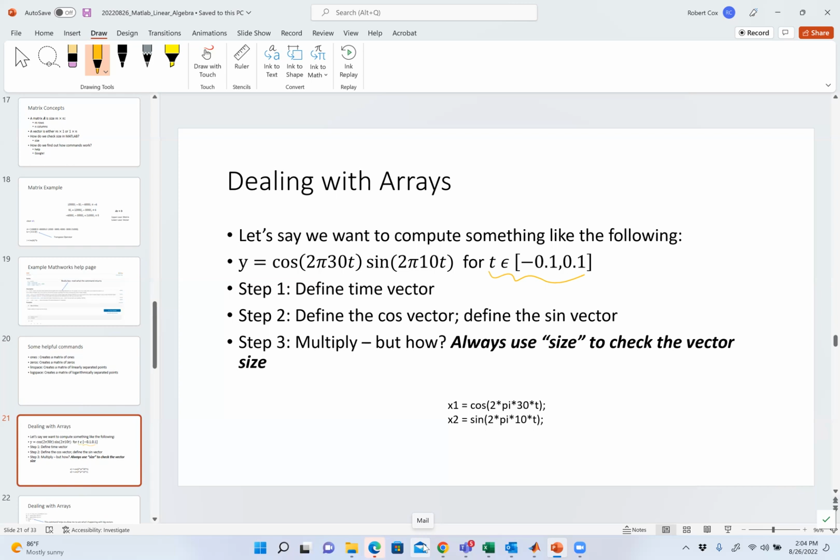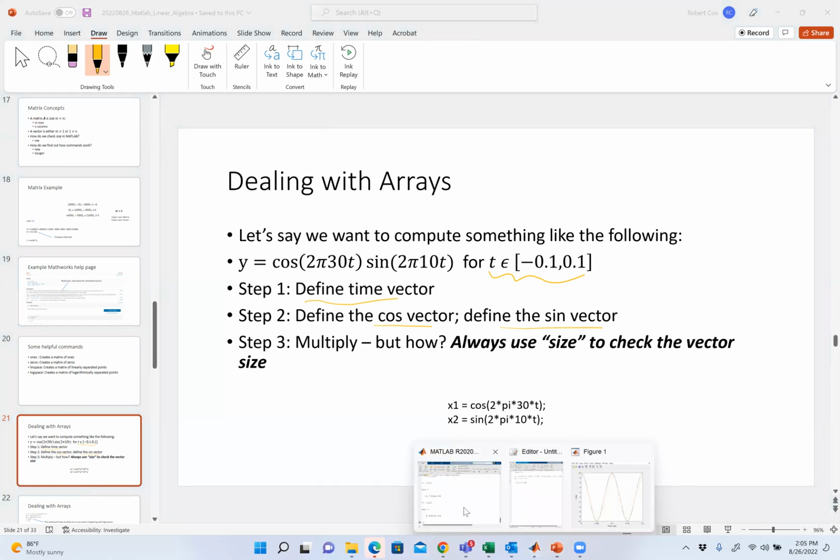That's a math way of saying I want a continuous function that exists over that domain. If I wanted to create that vector y, the first step would be to make a time vector. The second step would be to make the cosine vector, then make the sine vector, and then multiply them. The question is, how would I do that?